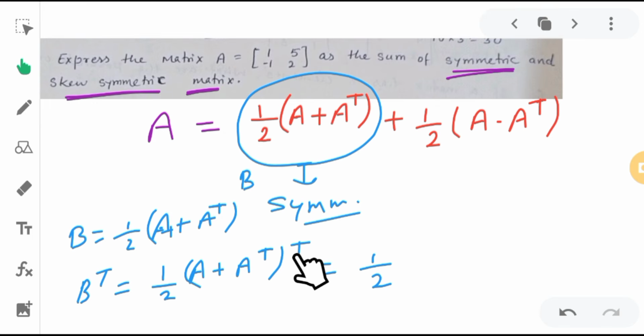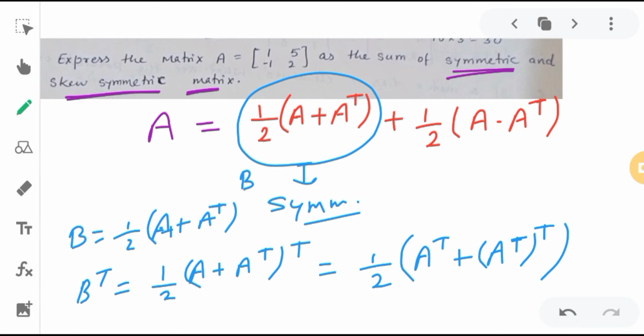So it will be half of A transpose plus A transpose to the transpose, and A transpose to the transpose will be A only. So this is nothing but B only.